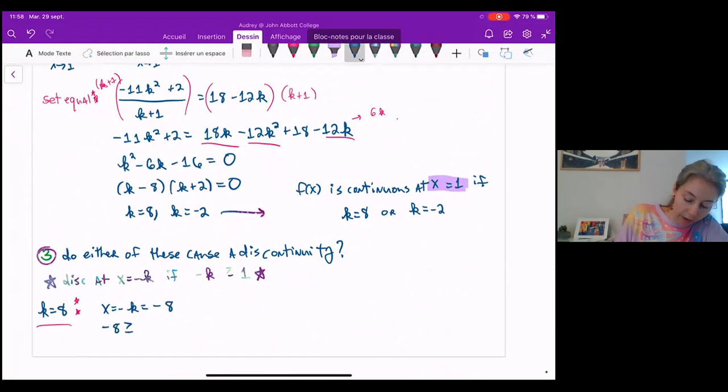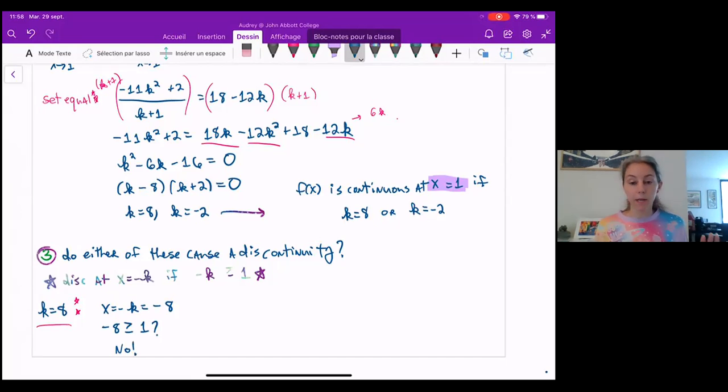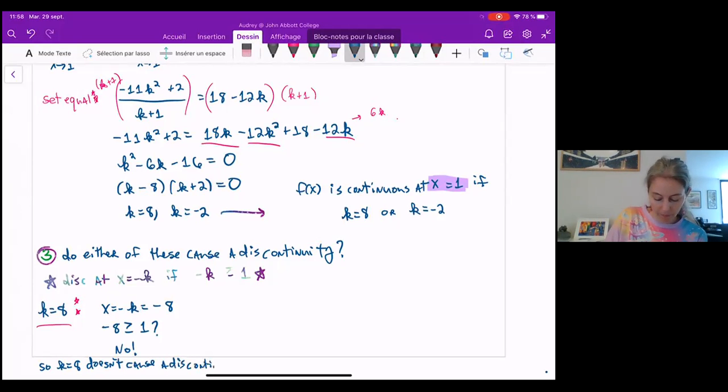Negative 8, is that greater than or equal to 1? No. So there's no problem here. It doesn't cause a discontinuity. So we're good. We're going to keep k equals 8.